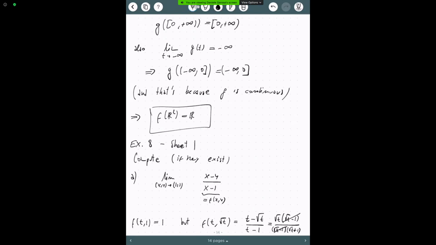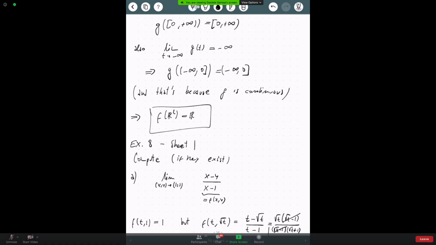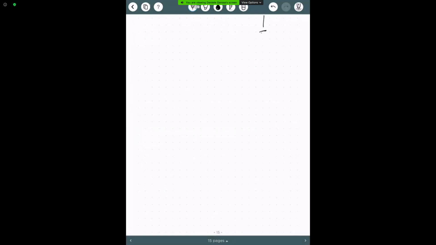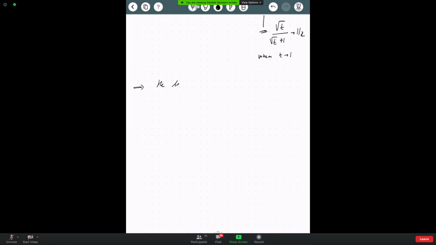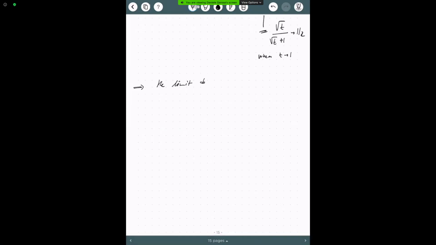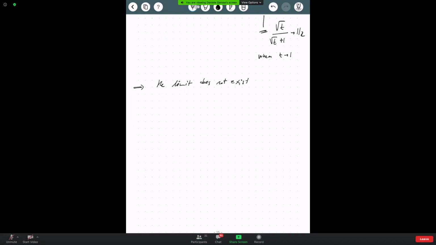So this is equal to the square root of t divided by the square root of t plus 1, and this goes to 1/2 when t goes to 1. So the conclusion is that the limit does not exist for the same reason.